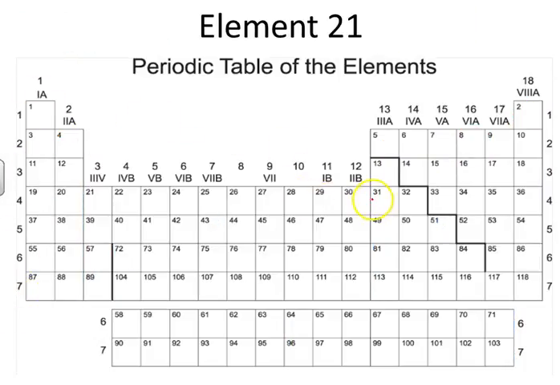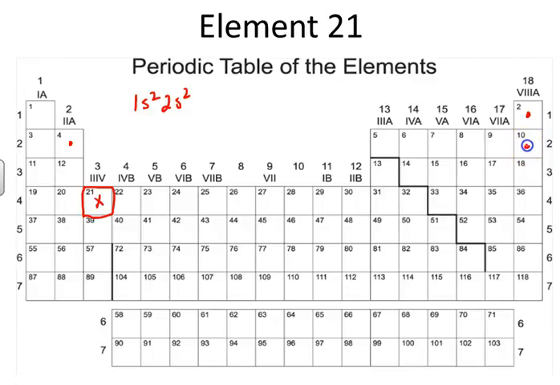Okay, let's try another element, number 21. Okay, so this is the one I'm interested in. Using my boundaries, I'm going to go to this element. That's going to be 1s2. I go to my next element, 2s2.